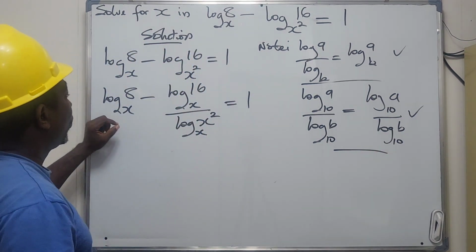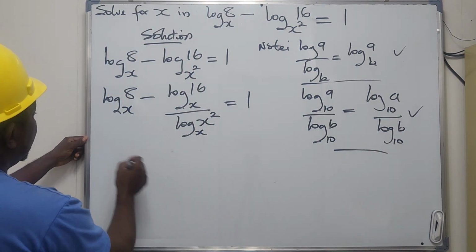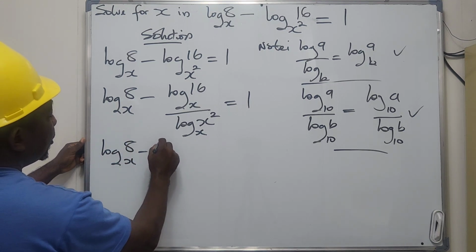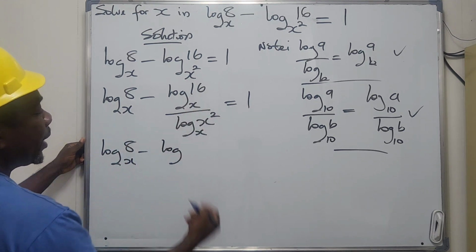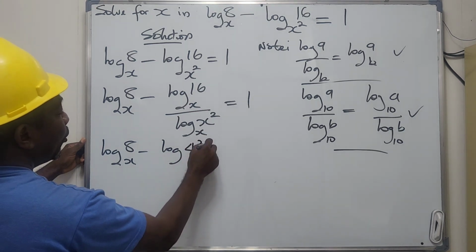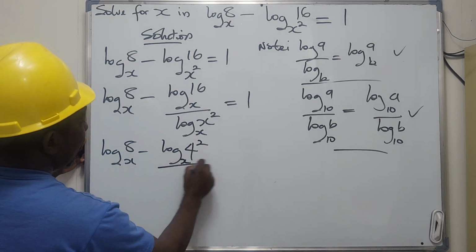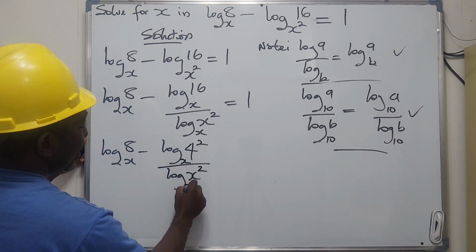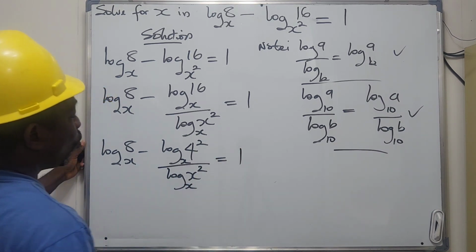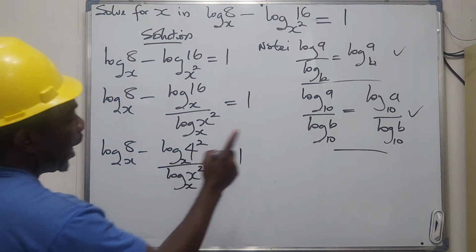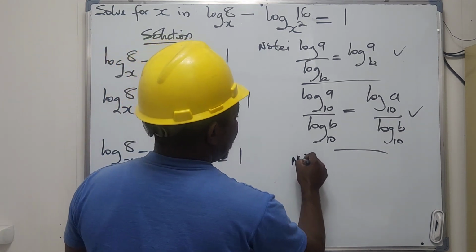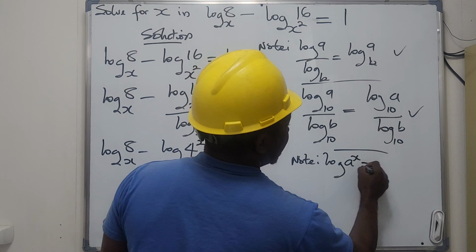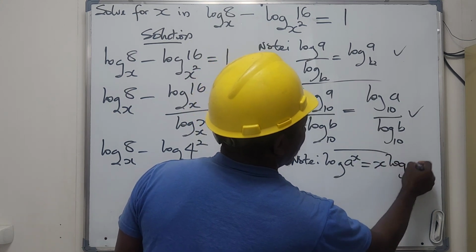So here we can see that this can be written as log 8 base x minus log 16, which can be written as 4 to the power of 2 base x, all over log x to the power of 2 base x, all equals 1. We recall another law that says, note, when we have log a to the power of x, it is the same thing as x log a.